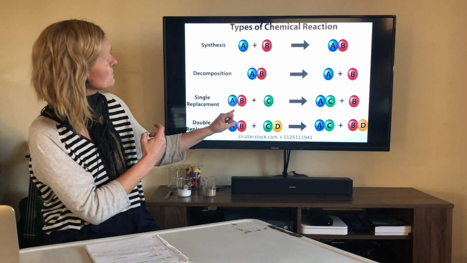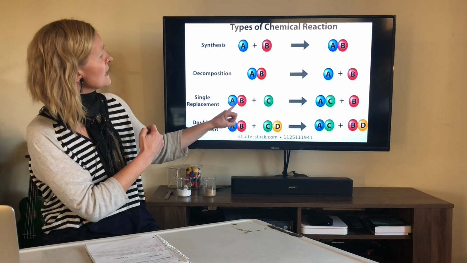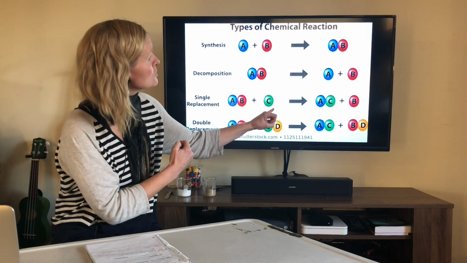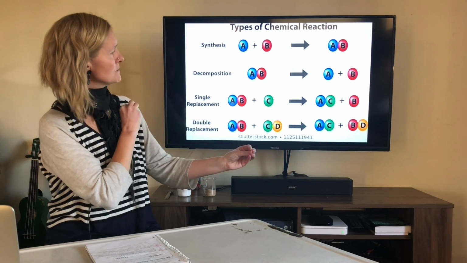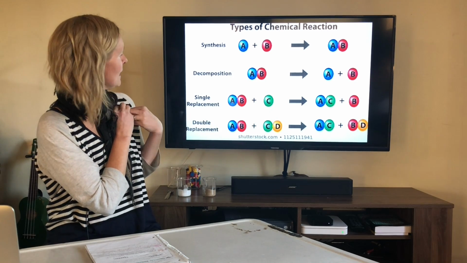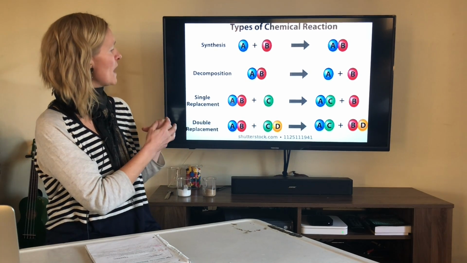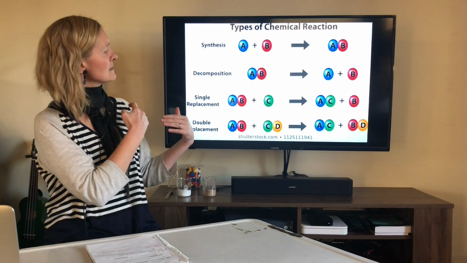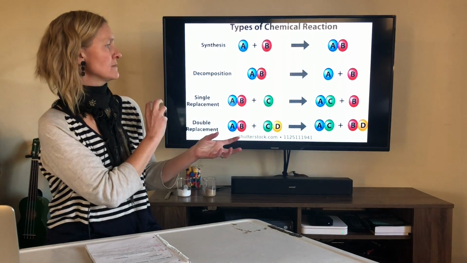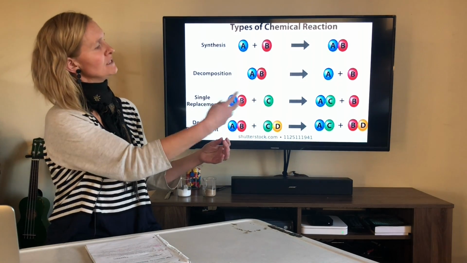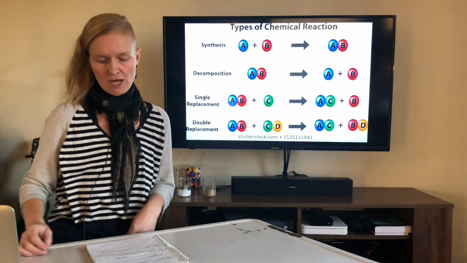We have the reactant AB reacting with C to form AC and B. So there's a replacement that's happening. And then we have the double replacement, where you have AB reacting with CD, and then they're actually swapping. So you end up with AC and BD. So you have the 4 different types of reactions there.